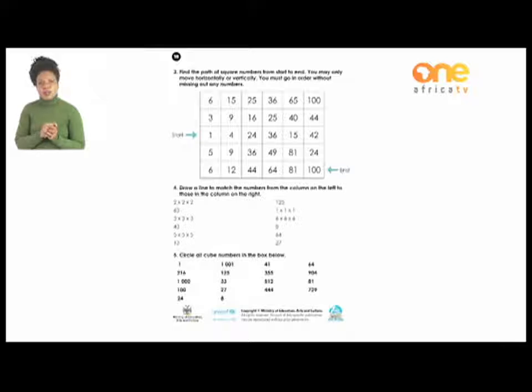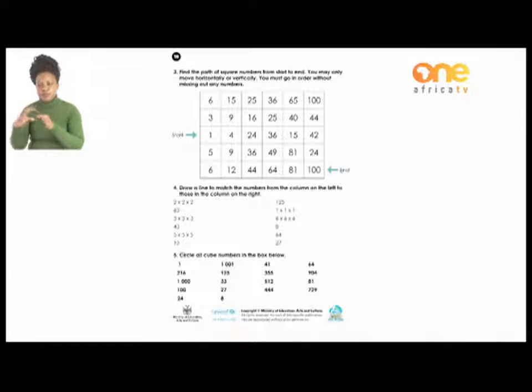The second one, if you have 6 cubed, what could be the answer? 3 times 3 times 3. We have 4 cubed, we have 5 times 5 times 5, and 1 cubed. So match the correct numbers which correspond.